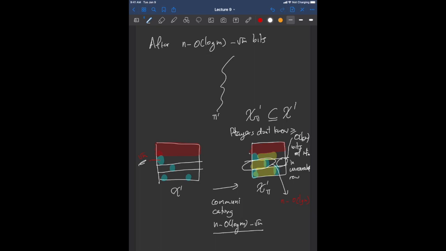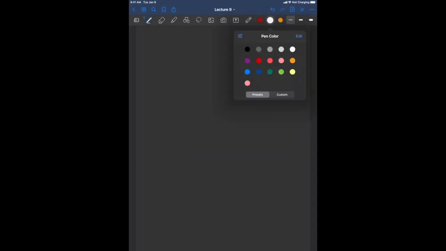Okay, so what are we going to do? First, this intuitive calculation that we did, which said that in any unrevealed row at the end of the second stage there should be at least order log m bits of information that is not known to both the players. We want to show this formally. So what do we want to do?